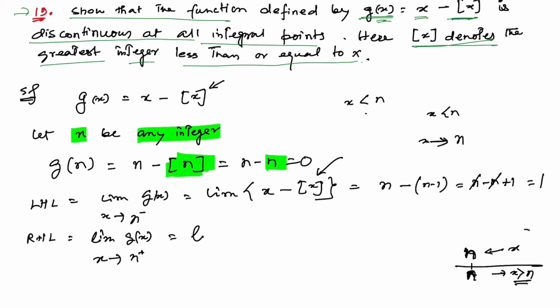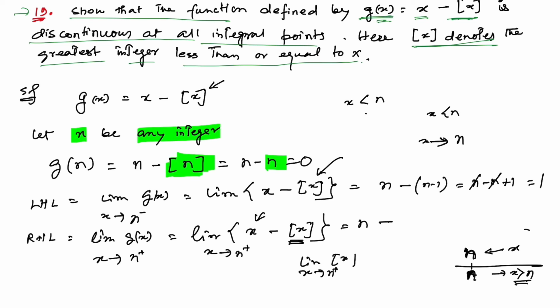So the limit of x minus the greatest integer function of x as x tends to n positive: if you replace x by n, you will get n. What will be its value? Now, when you have a value such as 3.1 which is greater than 3, if you take the greatest integer function, you will get 3.